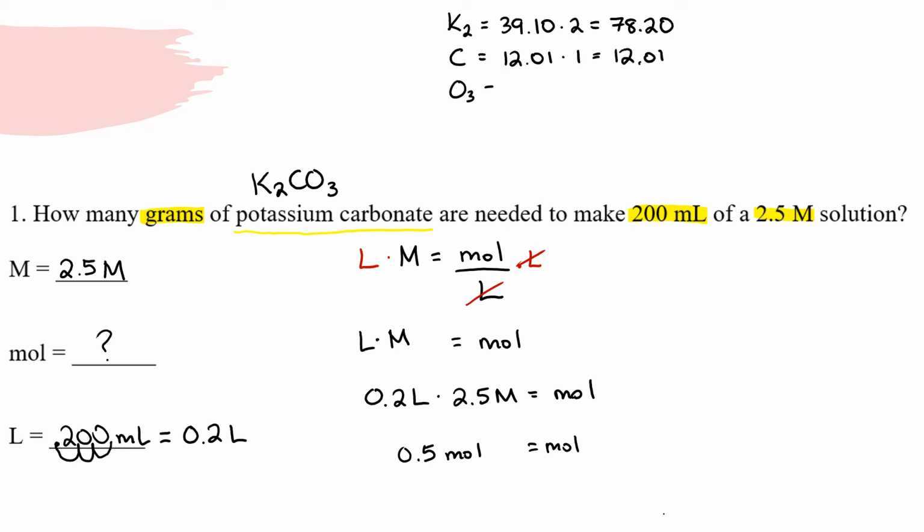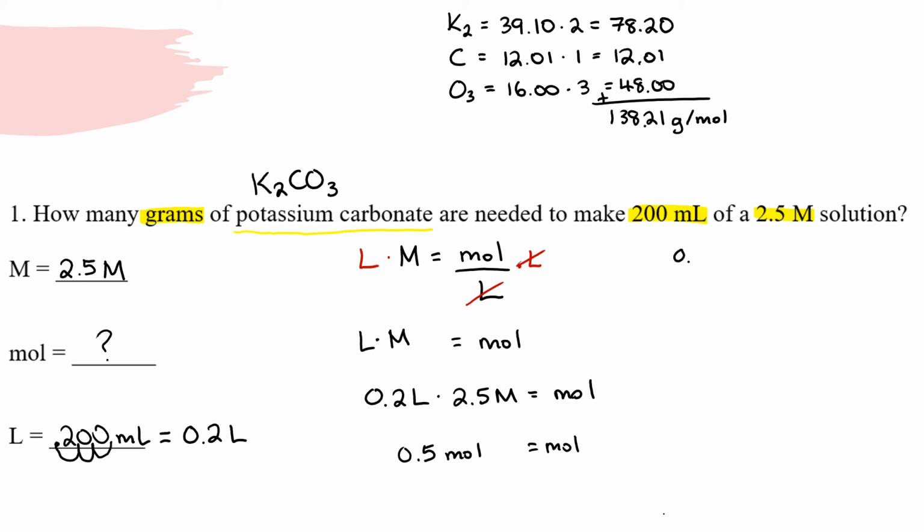And then we have oxygen, 16 times 3 gets me 48.00. I add all of these up and I get 138.21 grams per mole. So I'm going to use that to convert to grams.